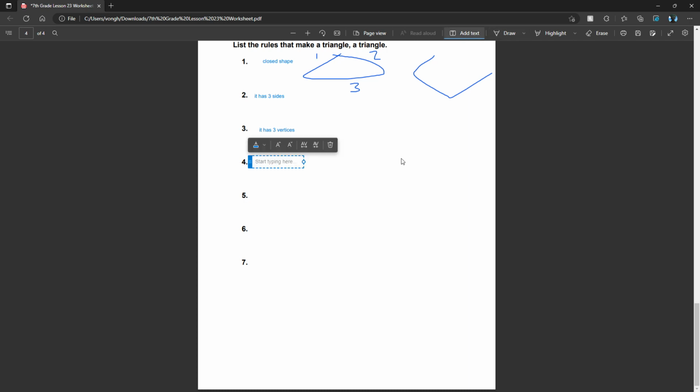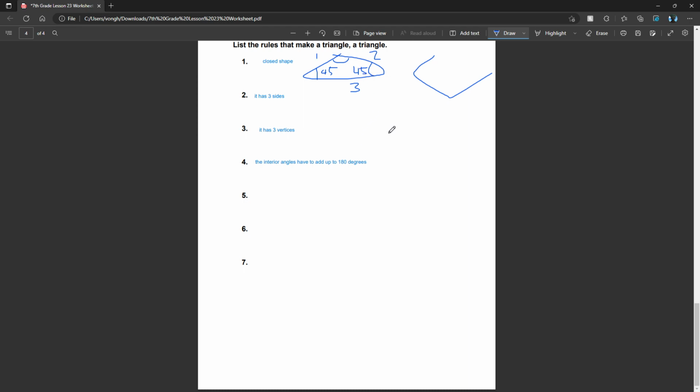Next thing, the angles. The interior angles have to add up to 180 degrees. That's the fourth rule. So these 3 angles have to add up to 180. Say this was 45, this is 45, right?